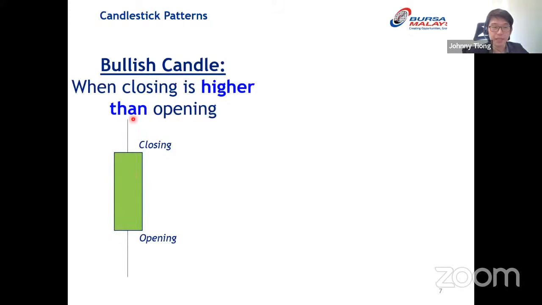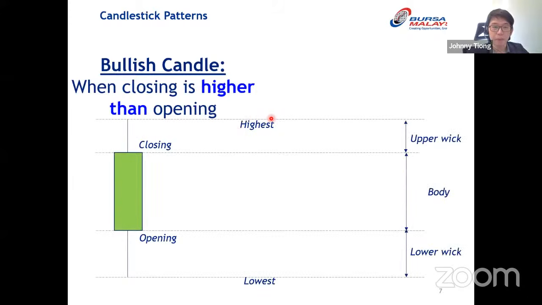Sometimes it will have a tail, below and above. This will be the highest point, this one will be the lowest point. In other words, they call it a wick, lower wick and upper wick, but I prefer to call it the lower tail and the upper tail. The green part is its body.